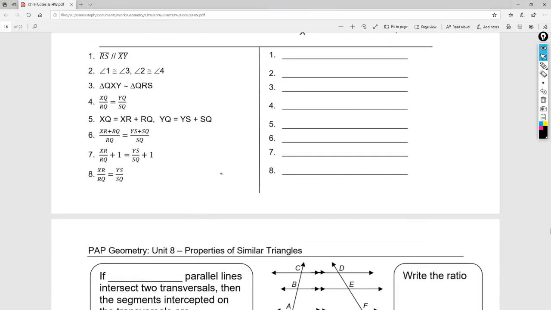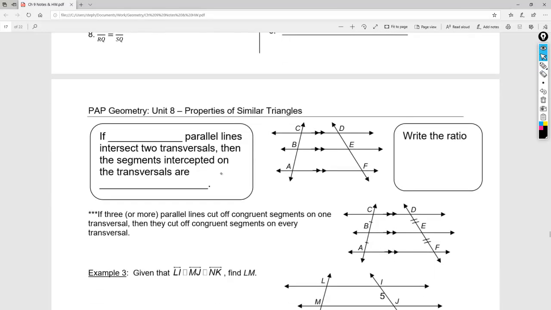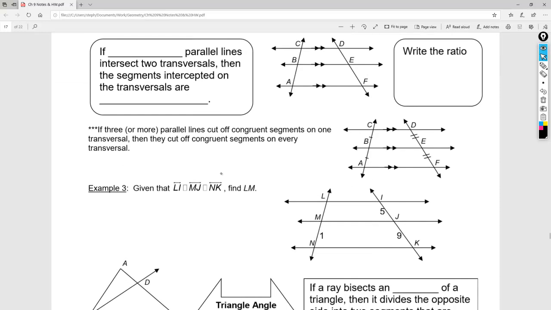Let's move on to parallel lines. Okay, so if we have parallel lines with a transversal, some very similar things happen. So if we have parallel lines intersecting two transversals, then the segments intercepted on the transversals are also proportional. Okay, so what we mean by that is here you can see two transversals and I have three parallel lines here.